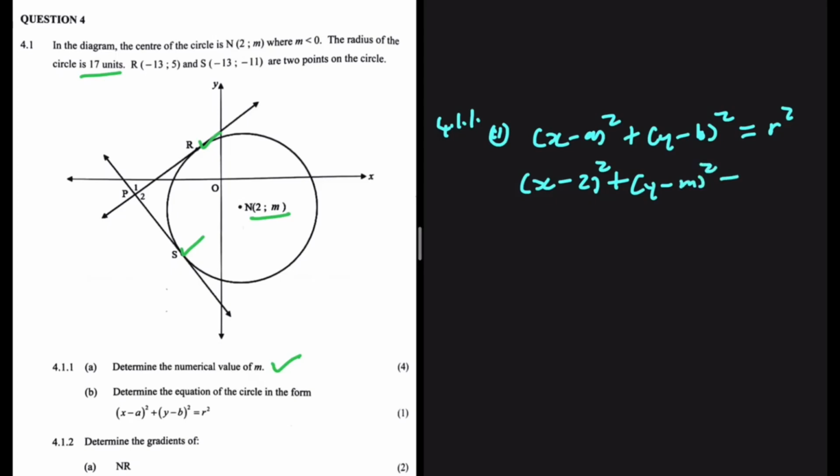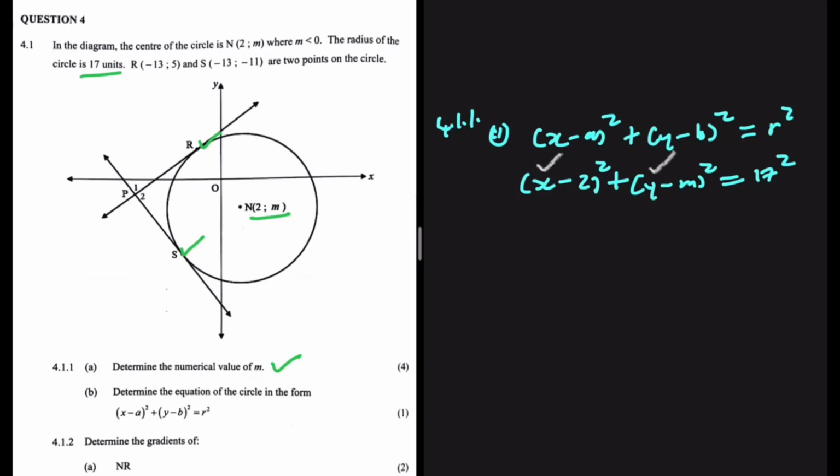We square that, and this is equal to the radius squared. The radius is 17 units, so we're going to have 17 squared. As you can see, if we substitute a point on our circle, then we're going to easily find the value of m, because we're going to have a value of x and its corresponding y value.